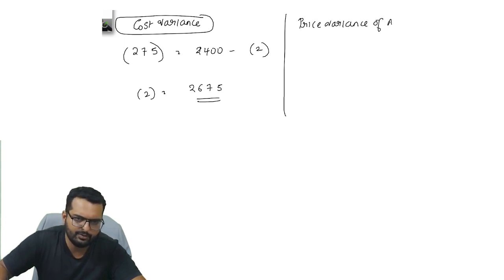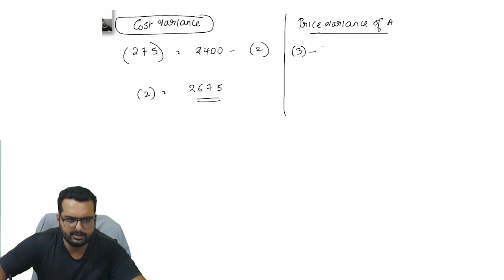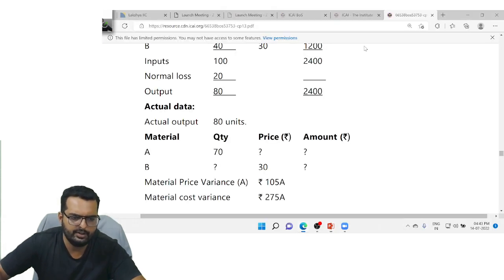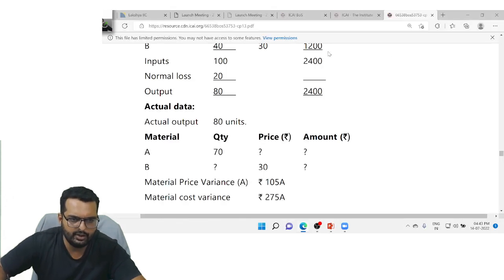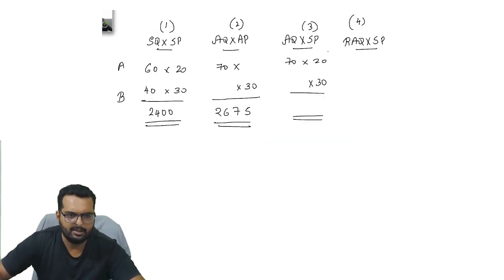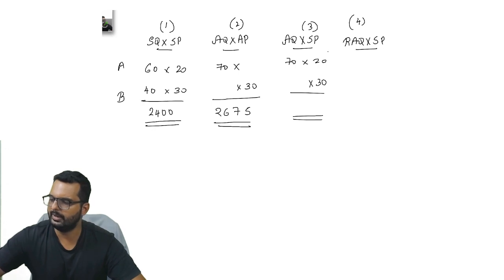Price variance of A alone. So what is the formula? 3 minus 2 is equal to 105 adverse. So 3 in this case will be 70 into 20. How much is 70 into 20?